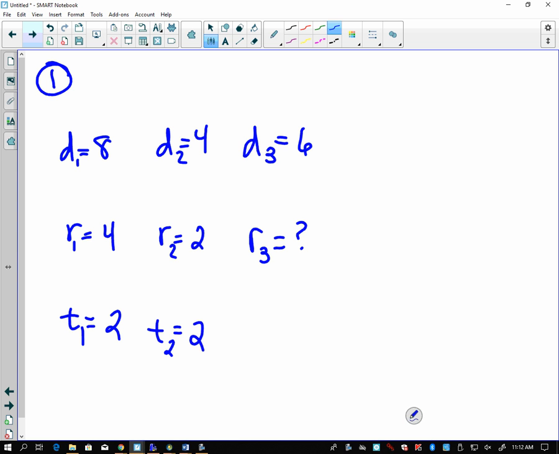So that his overall average speed would be 3 miles per hour. We want his overall average speed to be 3 miles per hour. Well, how could we find overall average speed? Overall distance over overall time, correct?